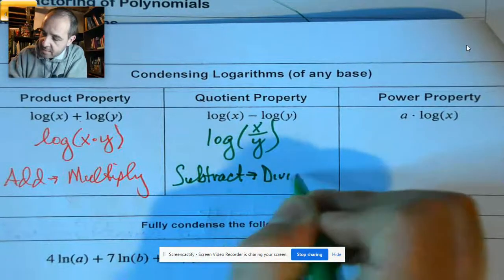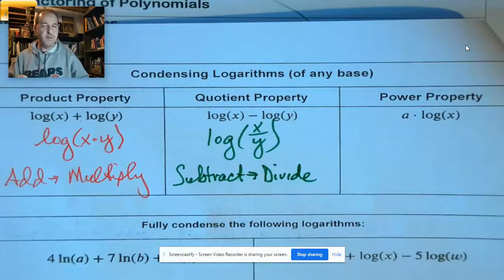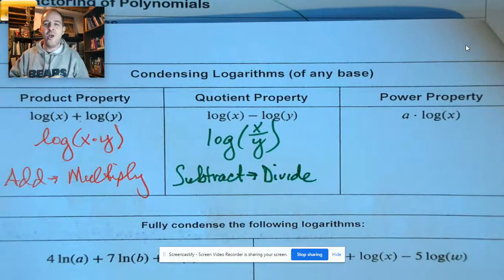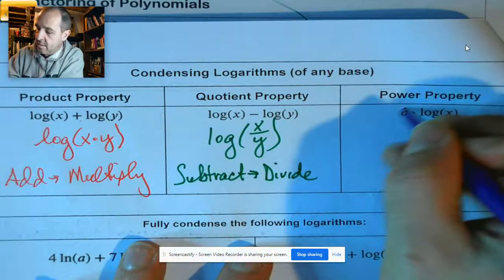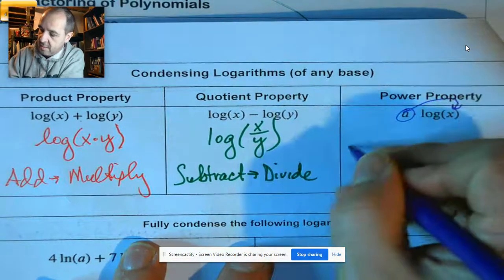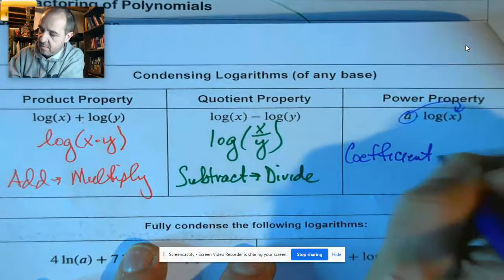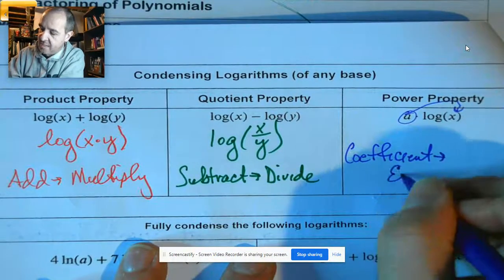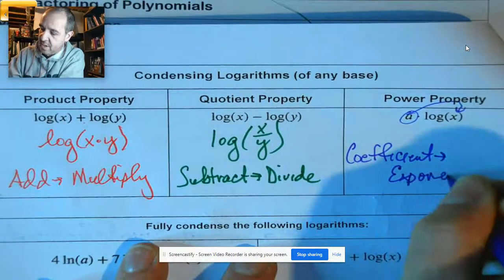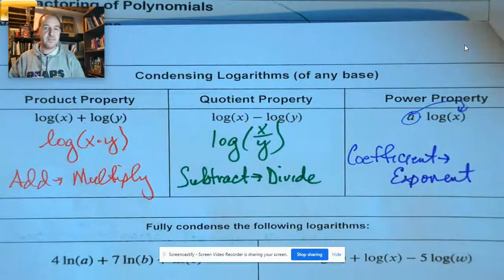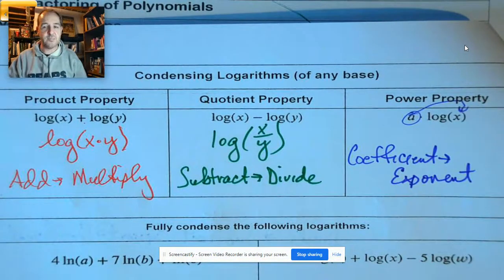And then comes our oddball here. When we have a coefficient and we have the power property, that coefficient is going to go back to being an exponent of whatever that base is. So it's the exact same things as before, except we're flipping them.